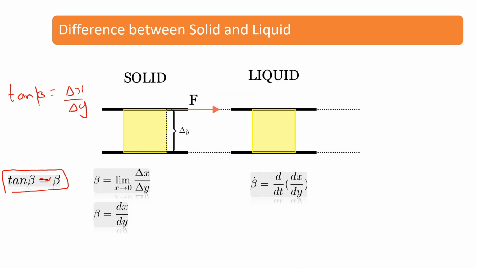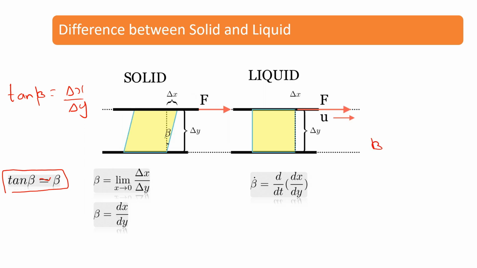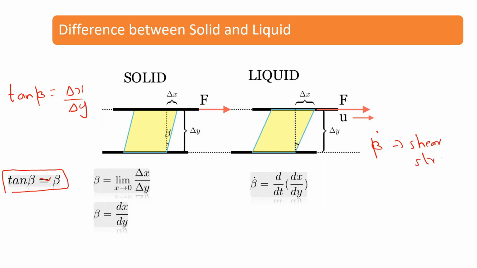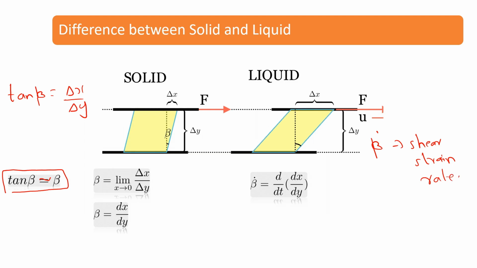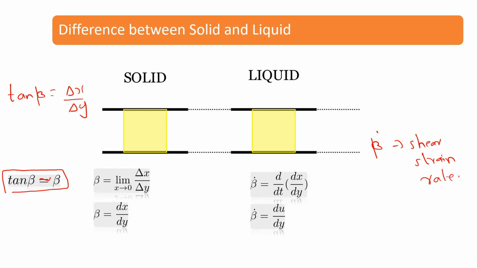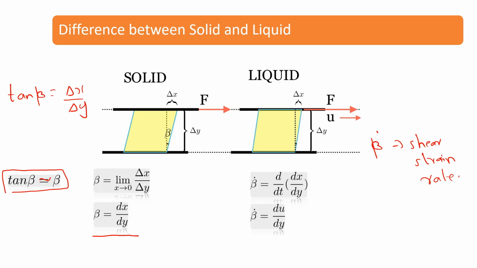So in fluids, we are not taking shear strain, we are taking shear strain rate, that is beta dot. So that is equal to d by dt of dx by dy, which is equal to du by dy. That is very important. In solids, we take beta, that is shear strain, and in liquids, we take beta dot, that is equal to du by dy.